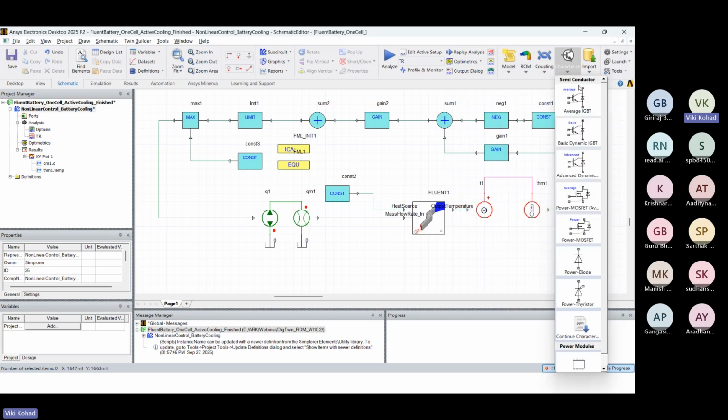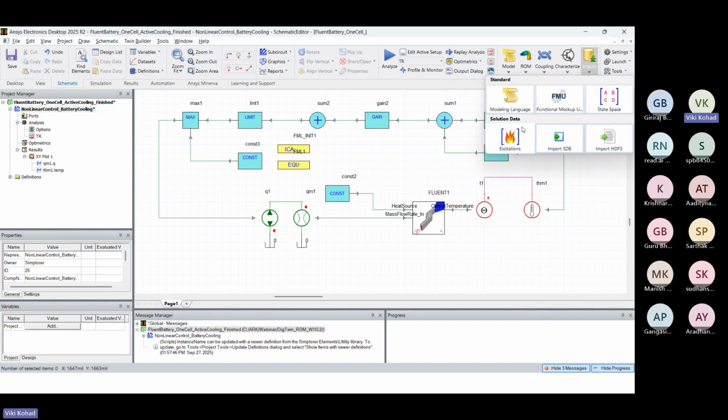It has characteristics, and these are the mock-up units. If you want to convert your model into a functional mock-up unit, you can directly convert it using this functional mock-up unit tab.